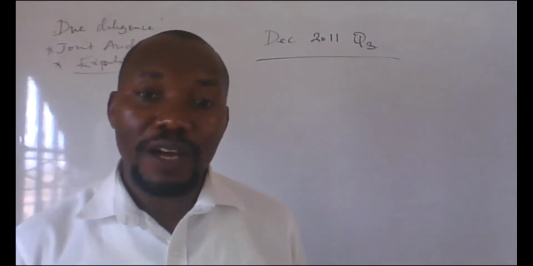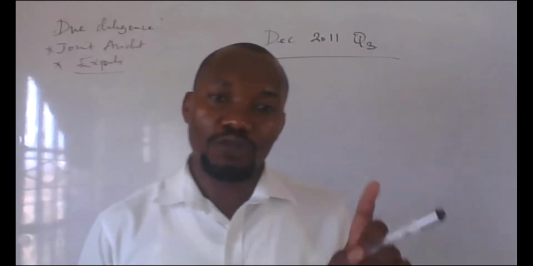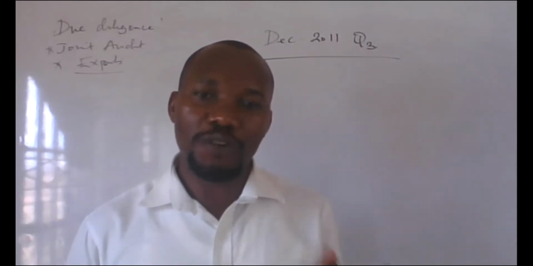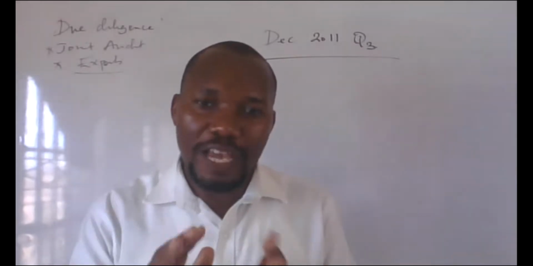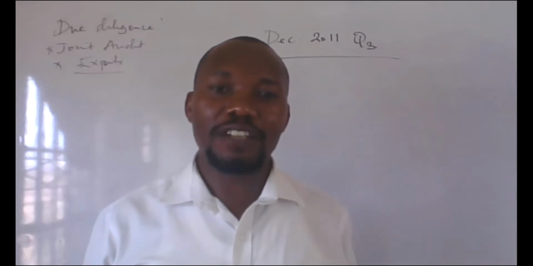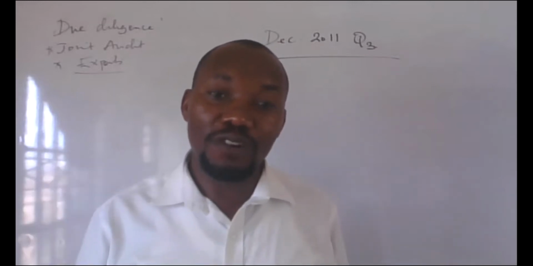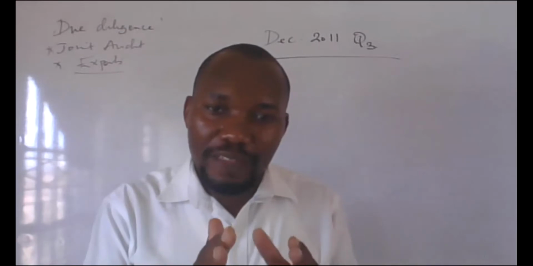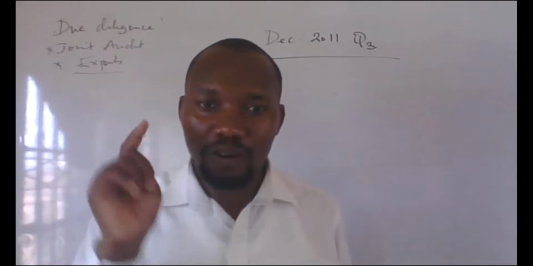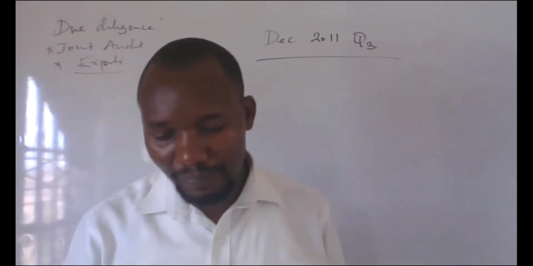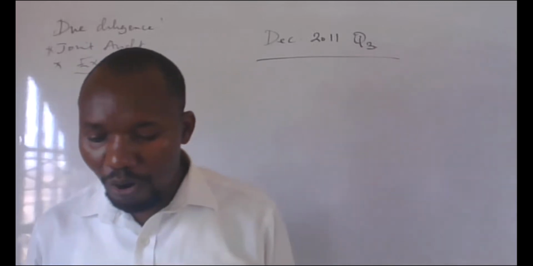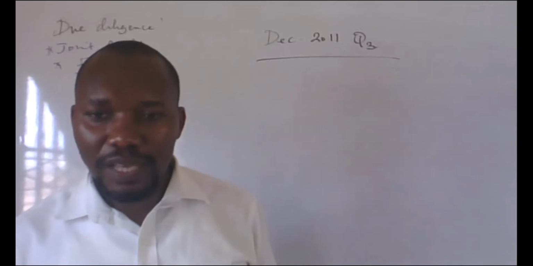Joint means they have come together. That is not group audit. That is joint audit, but joint can be within a group. As long as audit firms are coming together, 2 or more, then it is a joint audit. So I'm repeating, it is an audit of a legal entity by 2 or more audit firms to produce a single audit report.